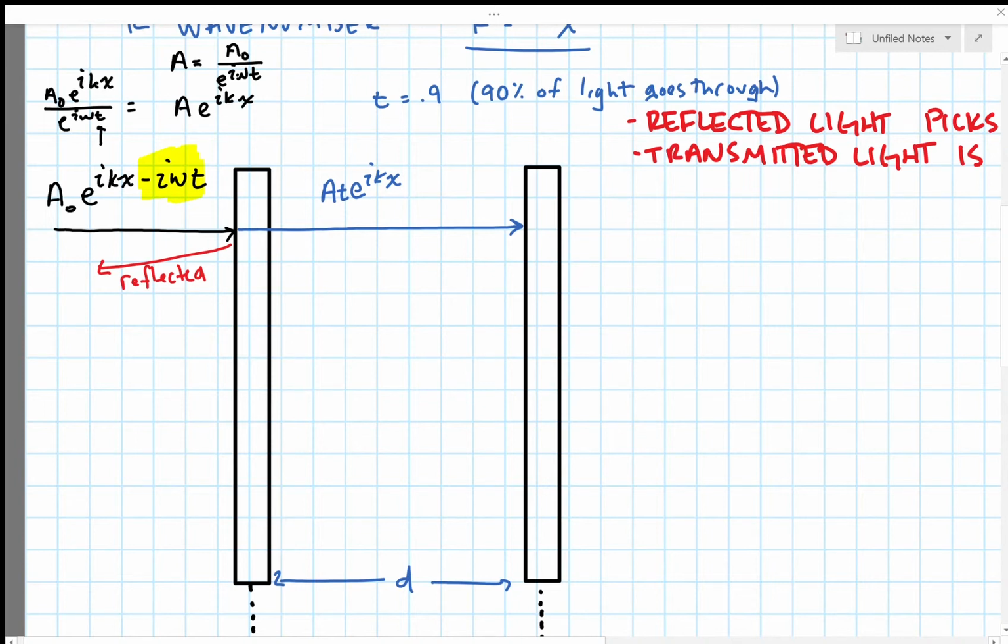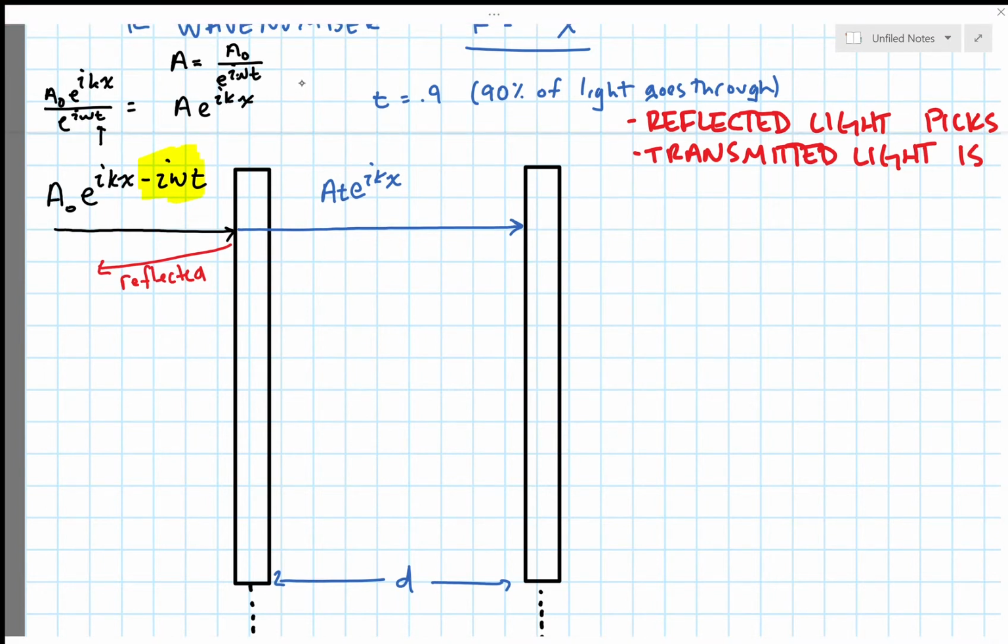So in the middle of the interferometer, it's A times T because it's a little bit dimmed, dimmed by a factor of T, and then e to the i k x. This part has not changed at all because this blue light has only been transmitted. The part that's reflected picked up a phase shift, but we don't care about that because that's not going to hit the detector.